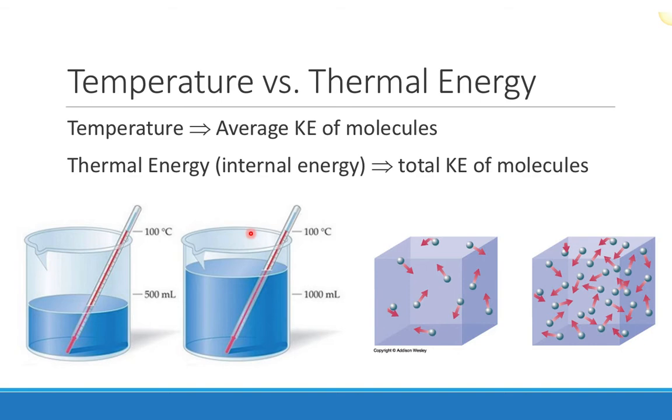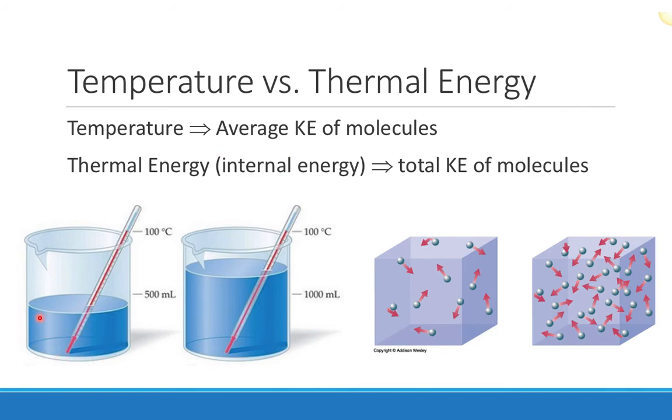As a last point about the difference between temperature and thermal energy, temperature is related to the average kinetic energy of the molecules. So I have two different containers here. They look like they have water in them. Obviously, the one on the left has less water and the one on the right has more. Even though they're both at 100 degrees Celsius, they have the same temperature.